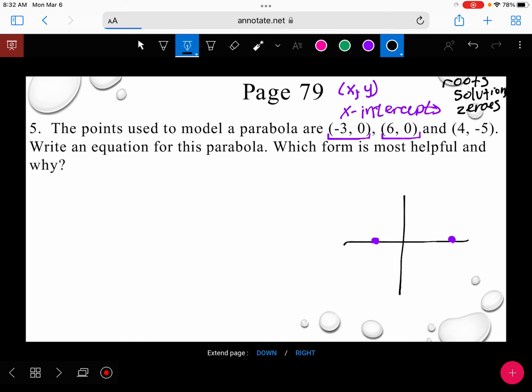So that word roots, does that give us a clue on which equation we might want to use to help write an equation here? Look at these equations really closely and see if something like roots would help us pick which form we might want to look at for my roots.